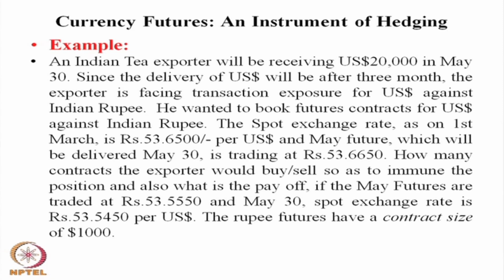So, the exporter is receiving $20,000 in the month of May. Now, we are in the month of March. In the month of March, the spot rate is given to us. The May future rate in March is also given to us, and we know that these are indicative rates available in the market.